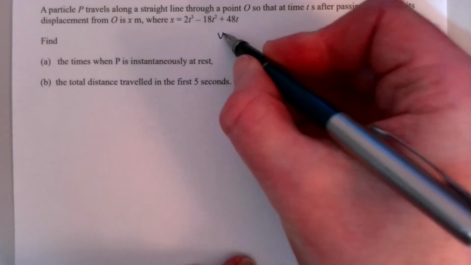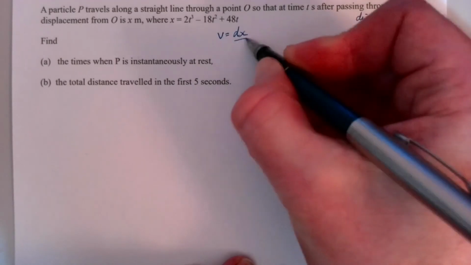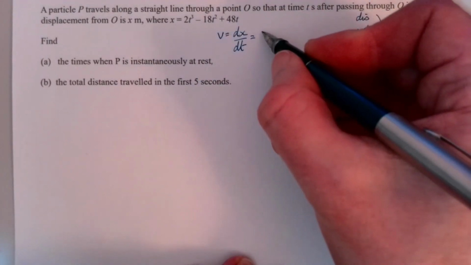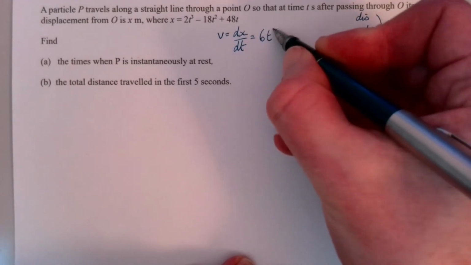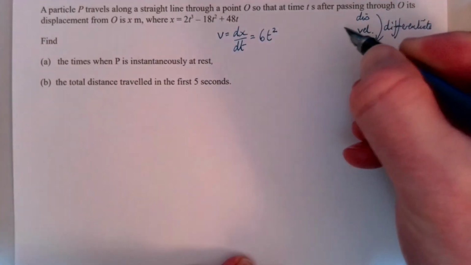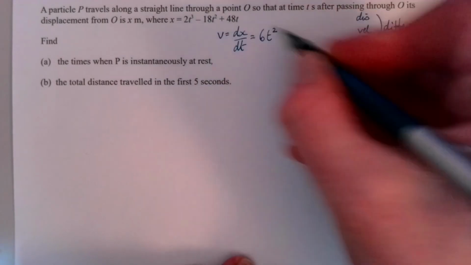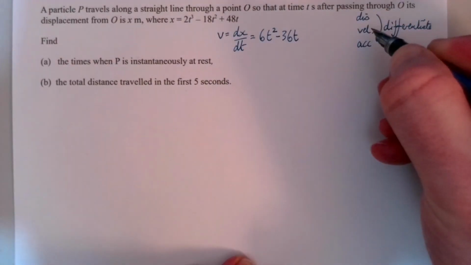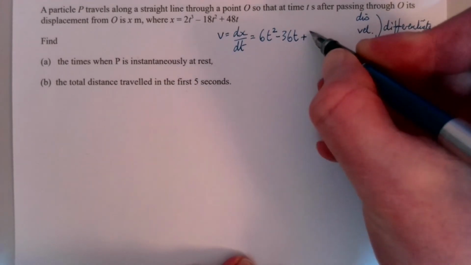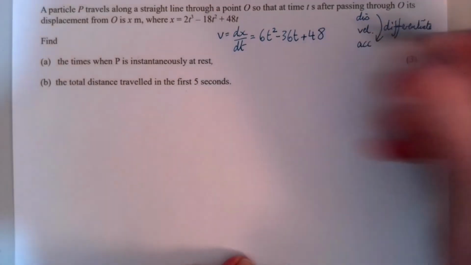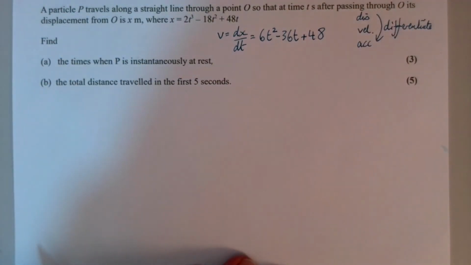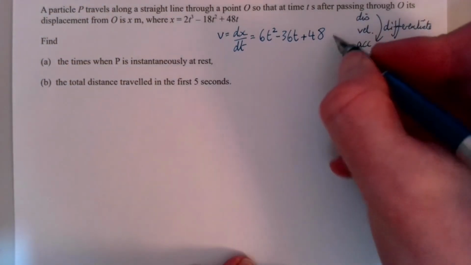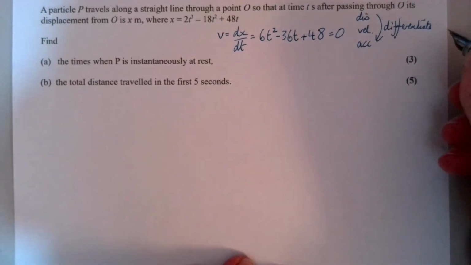So v is going to equal dx by dt, which is going to be 3 times 2 is 6, t, drop the power by 1 to t squared. 18 times 2 is 36, drop the power by 1 to t, and then the 48t just becomes a constant of plus 48. And then we want to know when this is equal to 0, so let's just write equals 0 at the end.